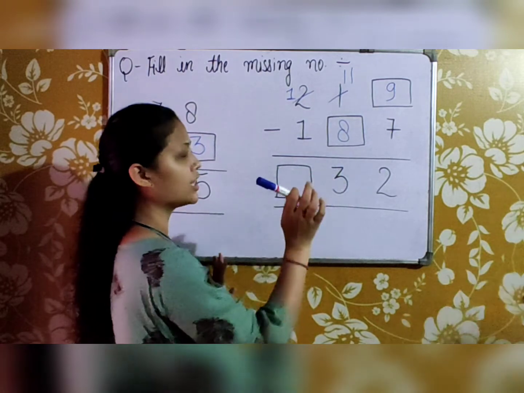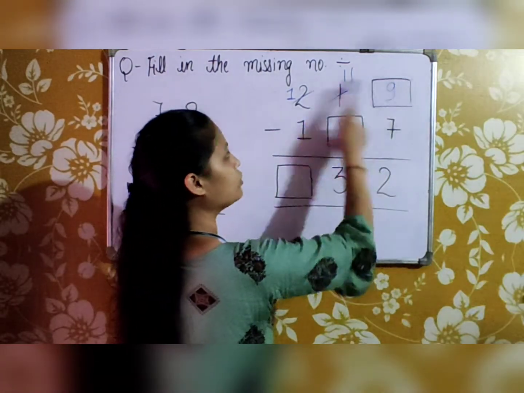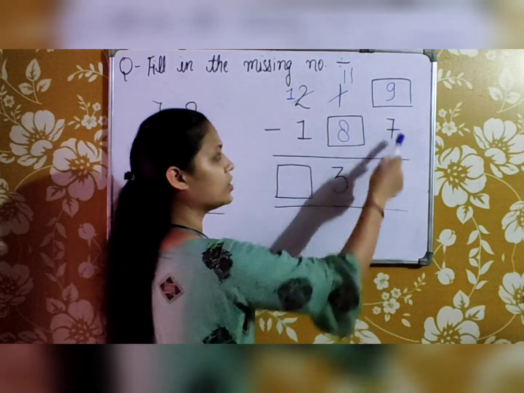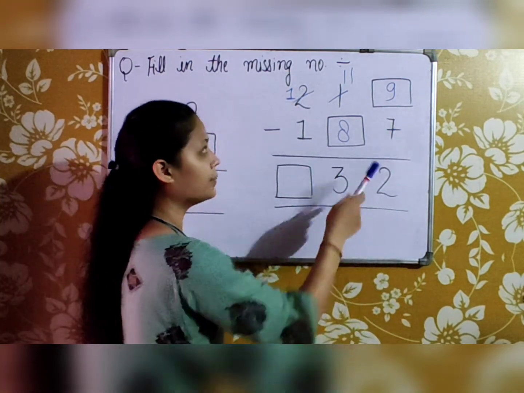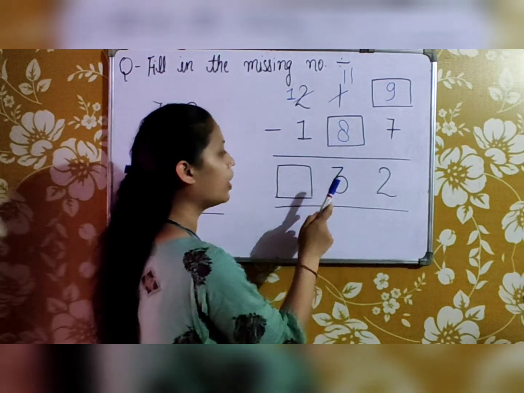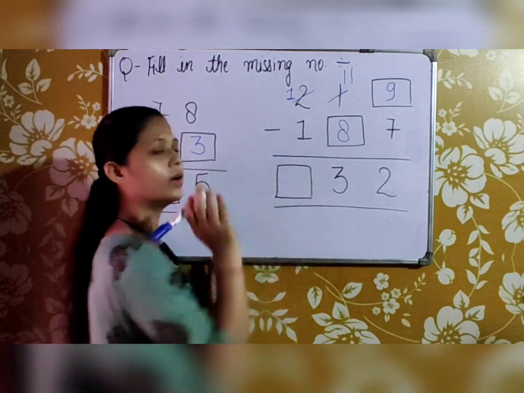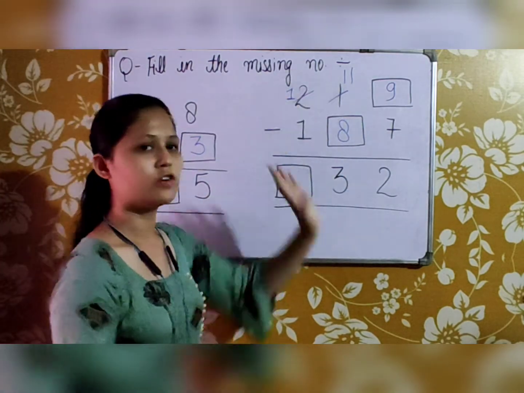This is a trick. When you have to find the digit in the first row, you will add the other two. But when you have to find the digits in the other rows, you will minus from the first one.